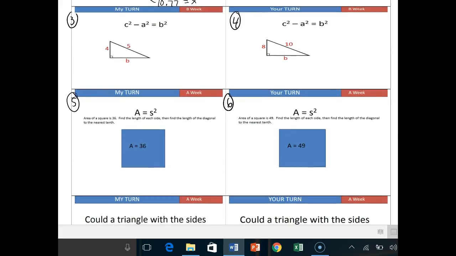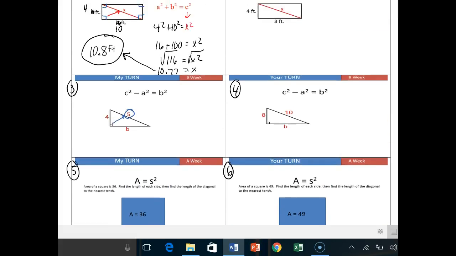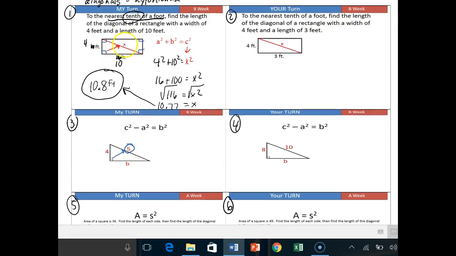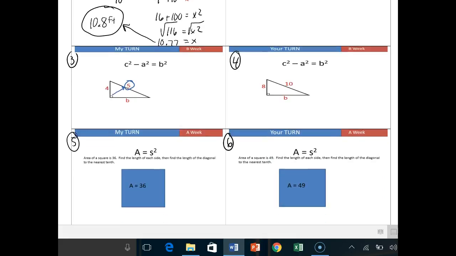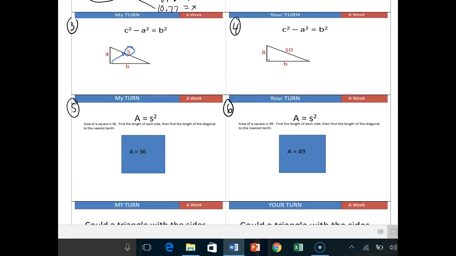Now, this is a very different problem. Notice how I have a measure on my hypotenuse. Every other time we've done this, I have not had a measure on my hypotenuse; I've had a missing side or an x. When you have the measure of the hypotenuse, you can change a squared plus b squared equals c squared into something that can solve for b. If I wanted to solve for b, I could do a little algebra.